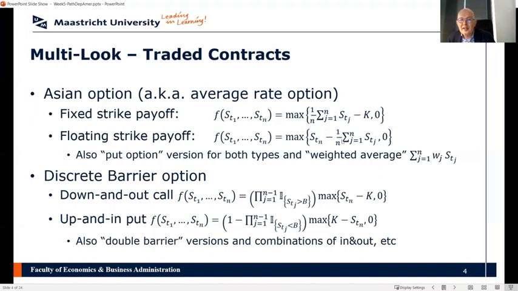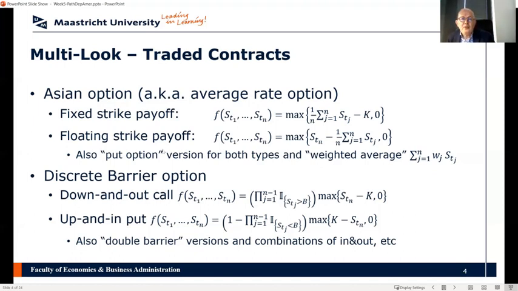I can take the average minus the final observation, and then we have a floating strike Asian put option. You can also work with weighted averages, where I'm not giving all the observations an equal weight 1 over n, but use non-equal, fixed weights wj for each time point tj.